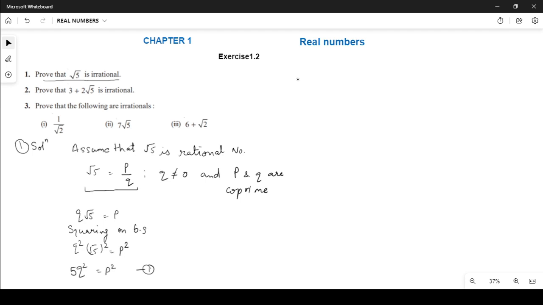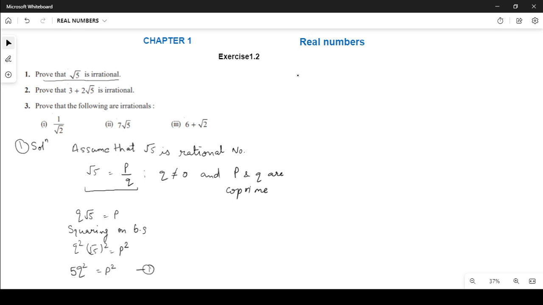Now check it. 5 we have written here, p square is equals to 5q square. That means 5 is a factor of p square. That means 5 must divide p square.